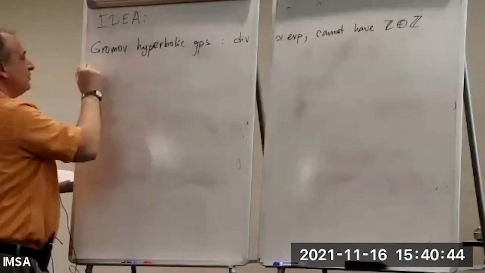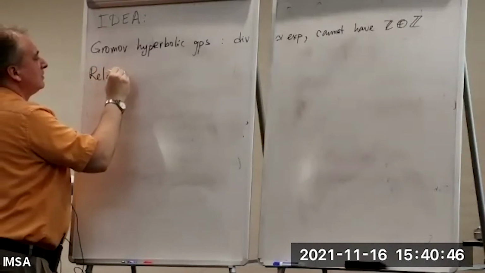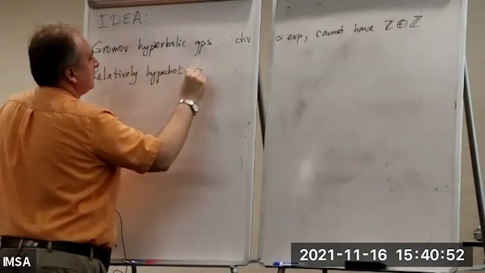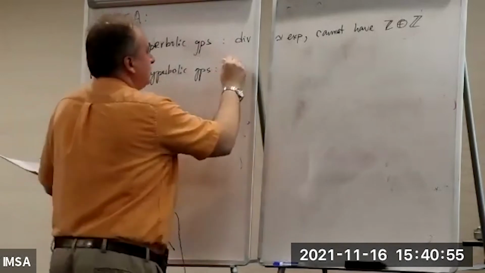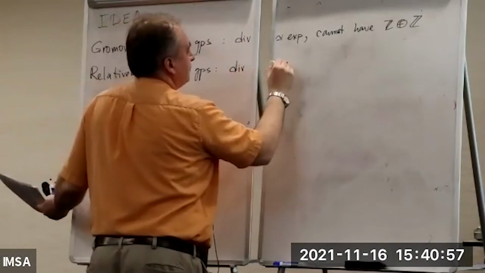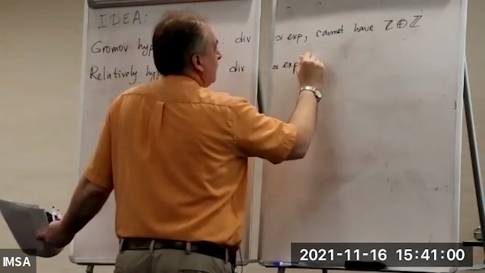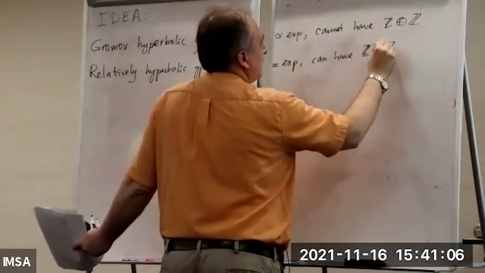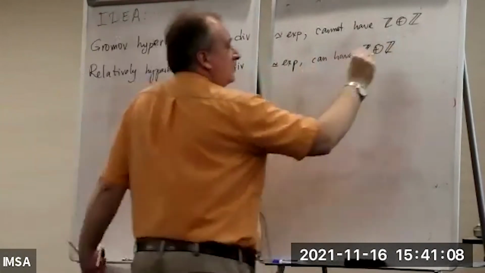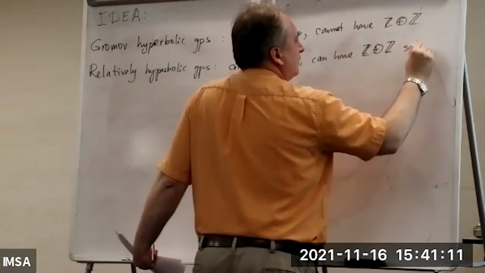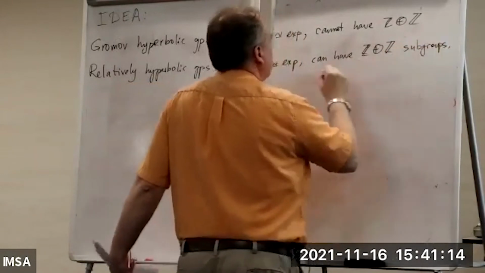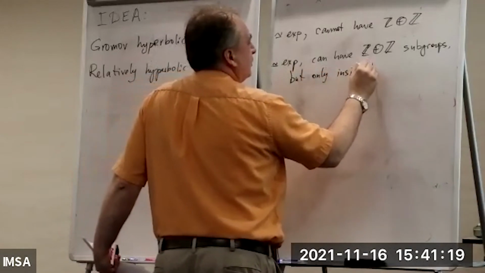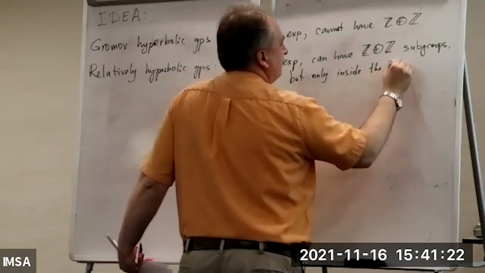Then there is a class of relatively hyperbolic groups. Divergence is also exponential for them, but they can have Z plus Z subgroups, but only inside the peripheral subgroups.